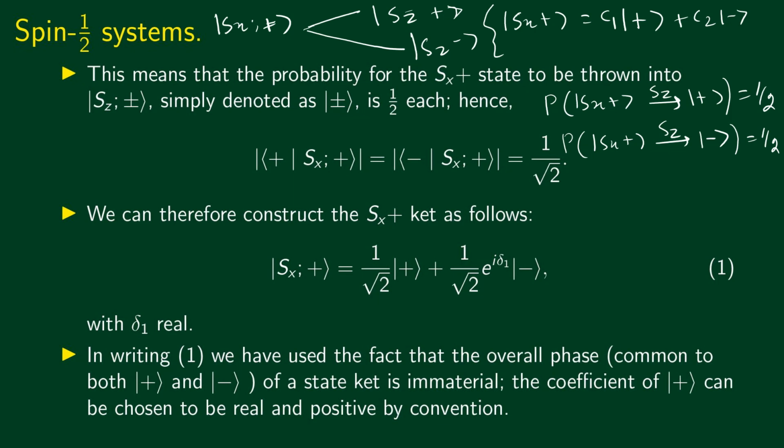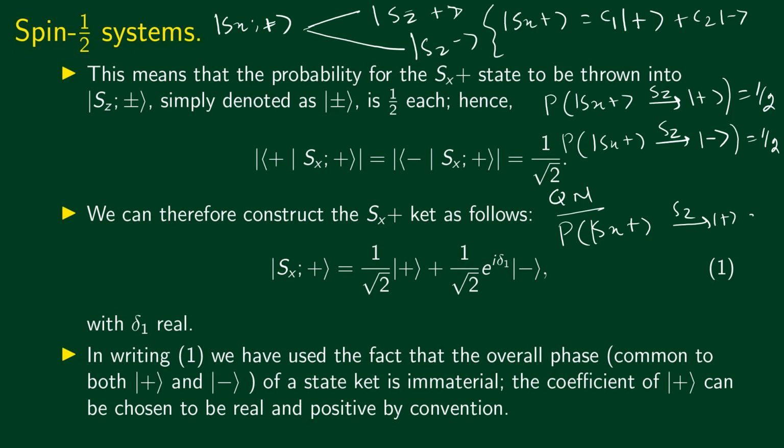What's the rule? If the state Sx plus is normalized, the theory that we discussed says, or we postulated, that the probability that it changes to ket plus is modulus C1 squared.